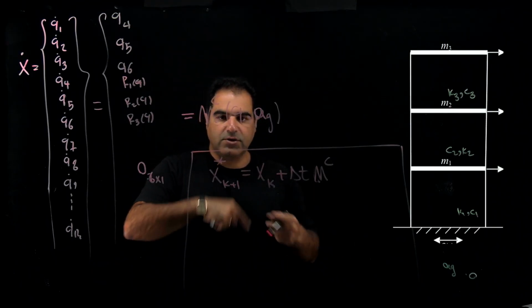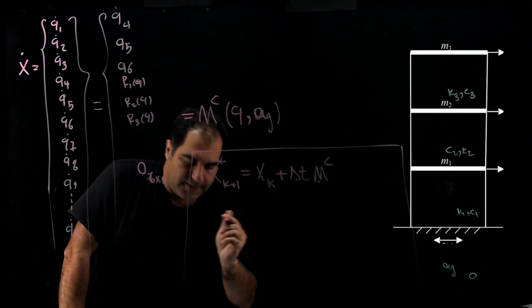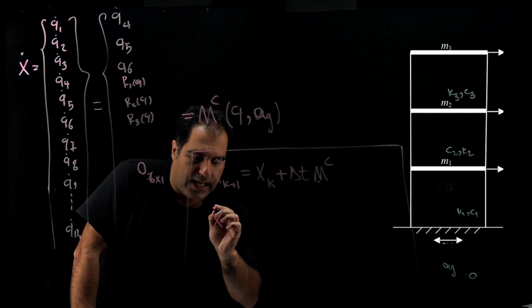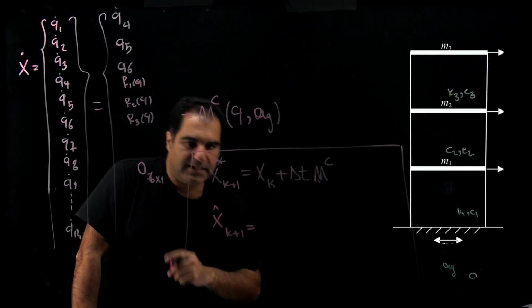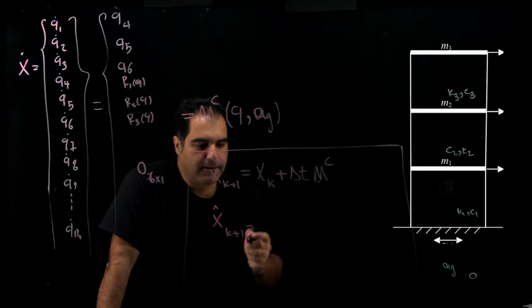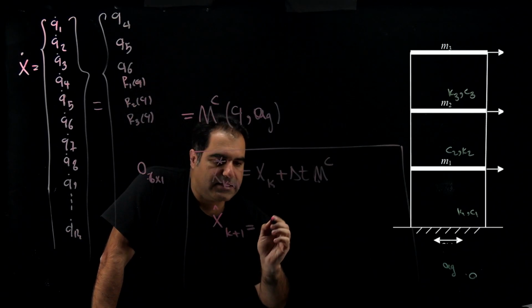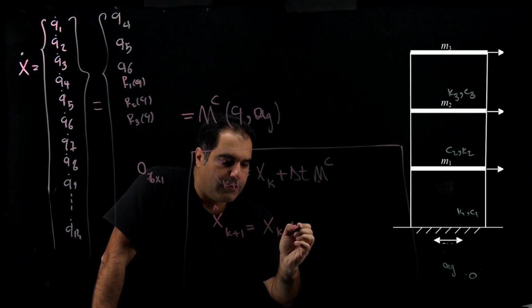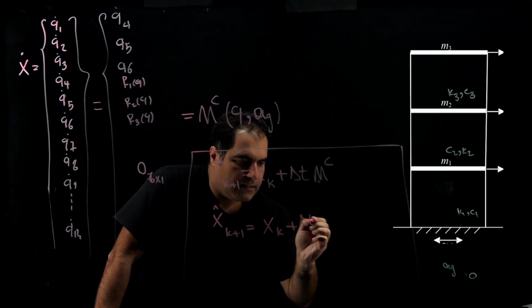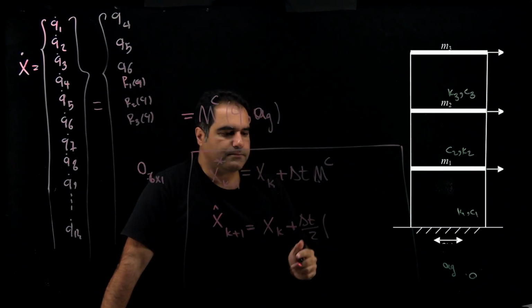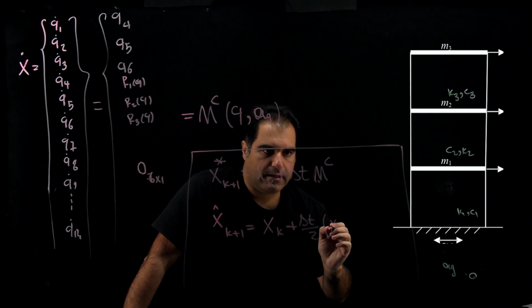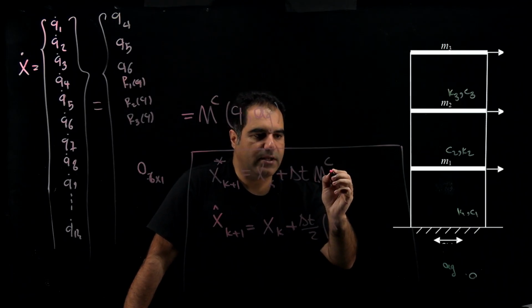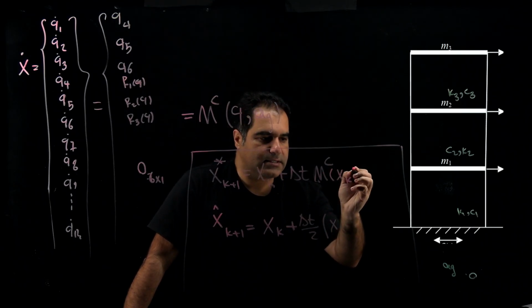And what you do in the next step is you say x hat k plus 1, which is your predicted state at time k plus 1, will be equal to xk plus delta t divided by 2. Here for MC, you calculate it based on xk.